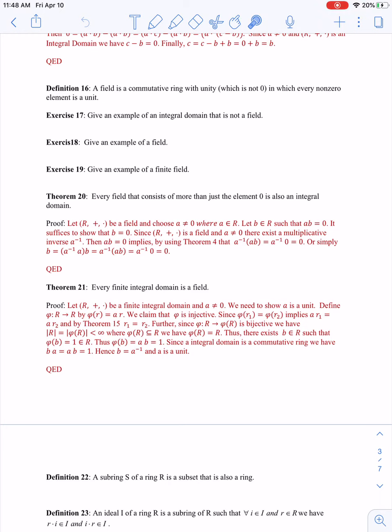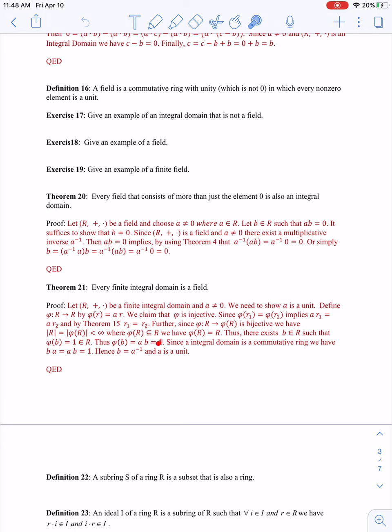Well, since R is an integral domain, I know R has 1 in it. But if phi of R is R, then there's something in R, we're going to call it B, such that phi of B is the element 1.